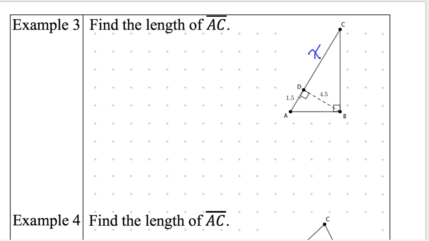So I'm going to redraw the triangles that I'm looking for. Let's go ahead and redraw the small triangle and the medium triangle. So here's the small triangle. Let me try redrawing this a little bit better.